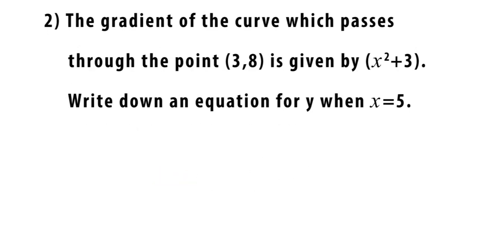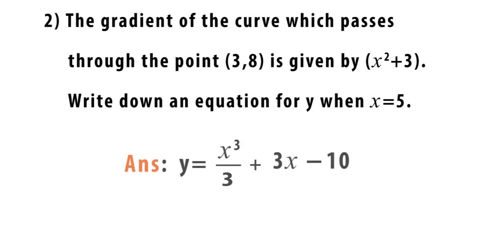The gradient of the curve which passes through the point (3, 8) is given by x squared plus 3. Write down an equation for y when x is equal to 5. Again, if you did that well, we are going to have y is equal to x cubed divided by 3 plus 3x minus 10.